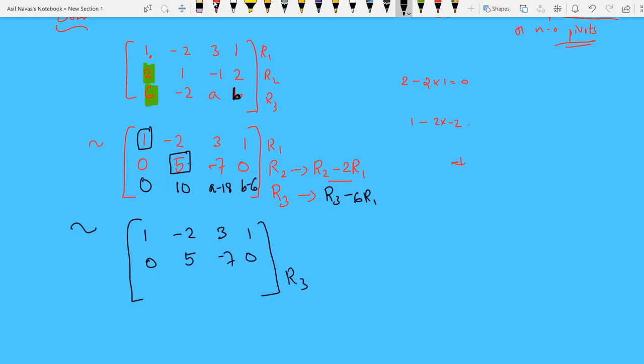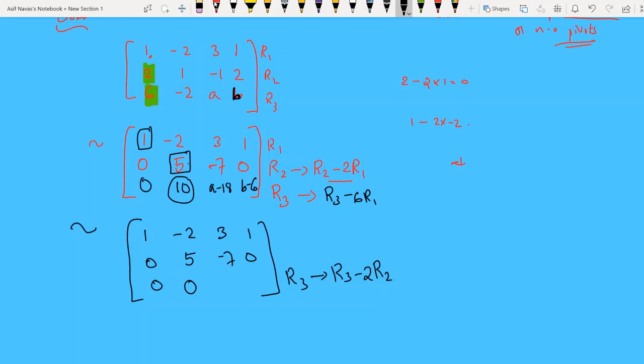Now what we have to make? We have to make this element 0. So what is the row operation? R3 changes to R3 minus 2R2. So this is 0.